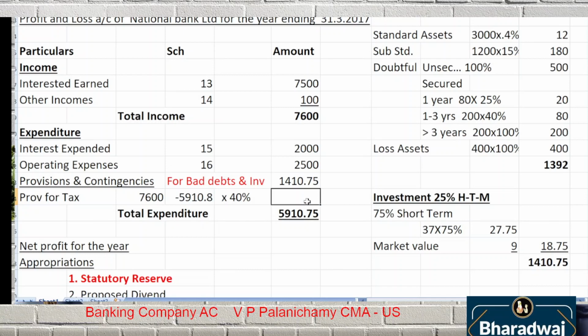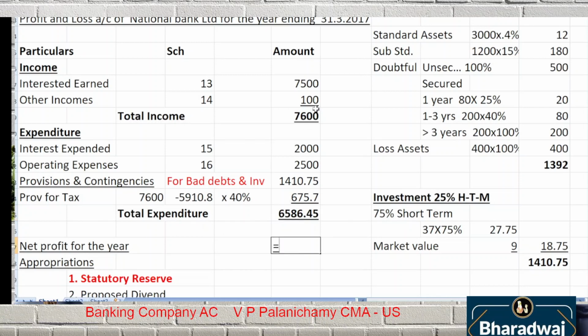So income minus expenses into 40%. It should be in brackets. Yeah, 675.7 is the provision for tax.